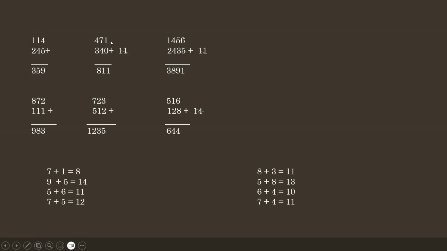We add the ones column. 1 plus 0 gives us 1. 7 plus 4 gives us 11. We must cross out the 1, put the 1 inside under the tens column. 4 plus 3 is 7, and we add the 1 outside, 8. 811.